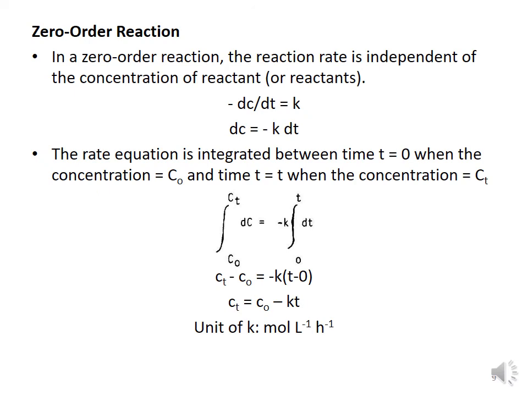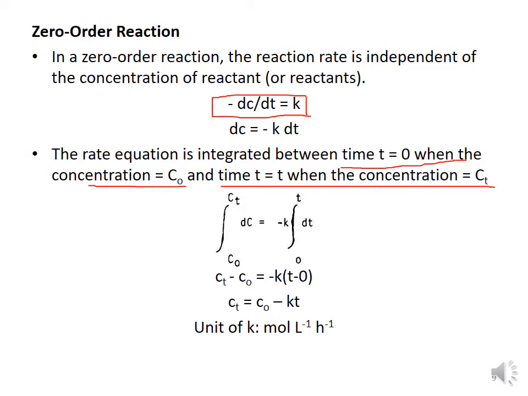Zero order reaction. In a zero order reaction, the reaction rate is independent of the concentration of the reactant. This is the rate of the reaction, which is constant, minus dC by dt equals K, and the sign is negative, which indicates a loss in the concentration. The rate equation is integrated between time equals 0 when the concentration is the original concentration, which is C naught, and time t equals t when the concentration equals Ct.